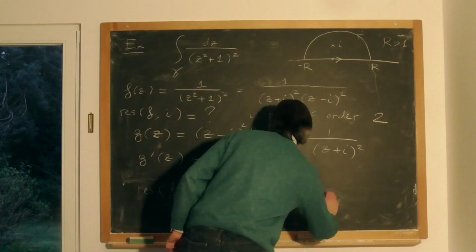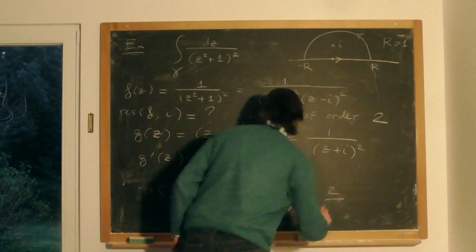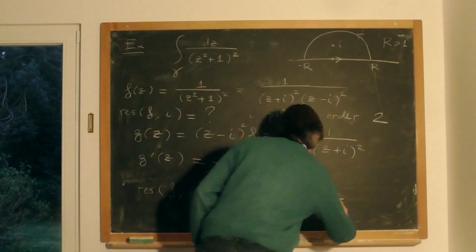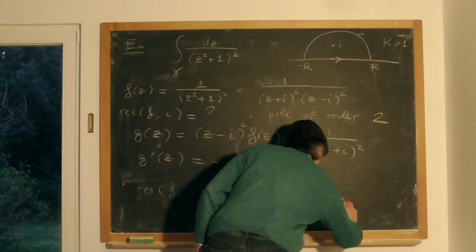Therefore, we get minus 2 divided by i plus i, which is 2i, to the power 3.